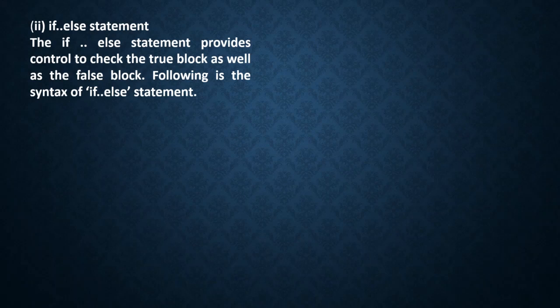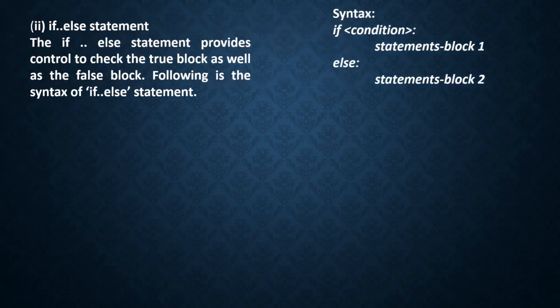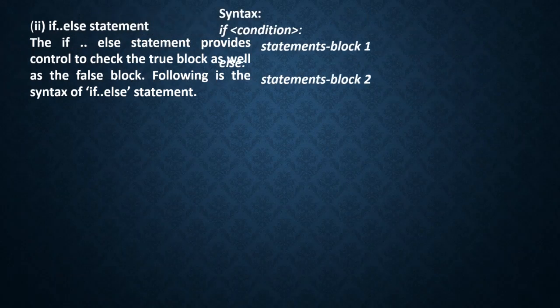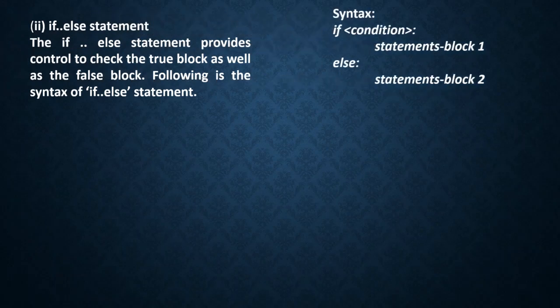If the condition is true, the true block will be executed, and if the condition is false, the false block will be executed. Let us see the syntax of the if else statement. Here we have two blocks: block 1 and block 2.